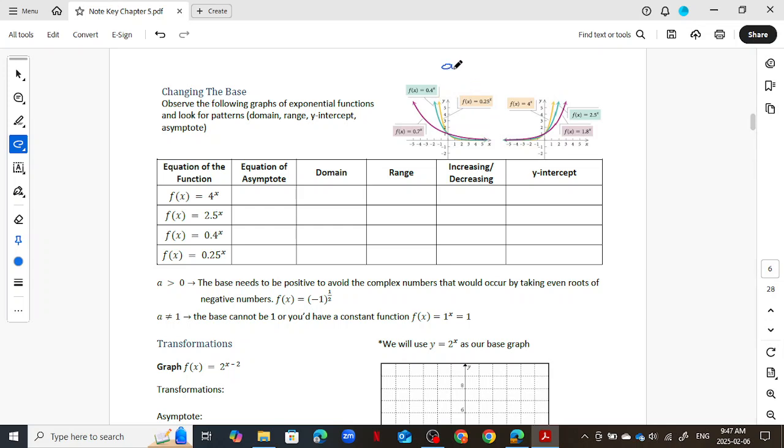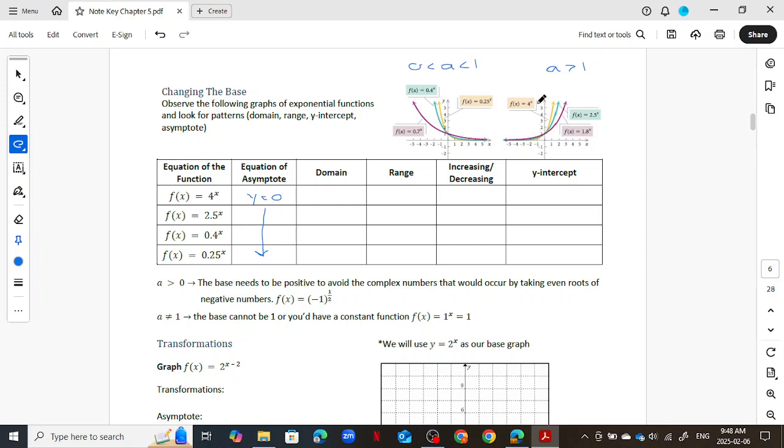Well, these are a values that are between 0 and 1. And these are a values that are greater than 1. What do you notice about all of them? Well, let's look at the asymptotes of all of them. Did it change? Or is it always y equals 0? And does it make sense that it's always y equals 0? Well, no matter what the base is, as I make that exponent smaller and smaller, I'm still getting a fraction, right?